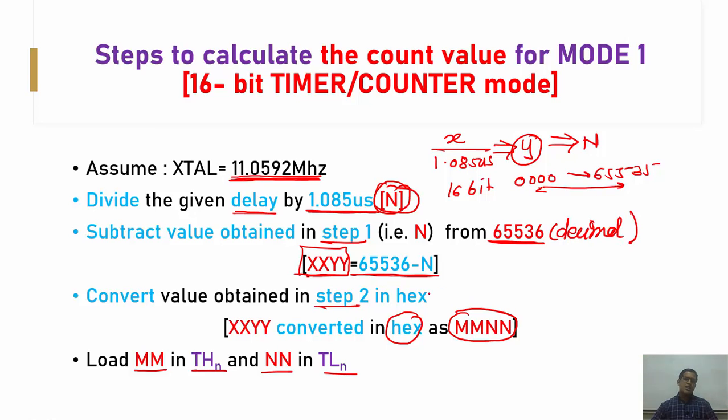This decimal result we have to convert into hex format, and whatever hex value we get, we load into the timer. In this way, the 16-bit timer counter mode configuration is done and your count value is calculated. So let us see this with a simple example.